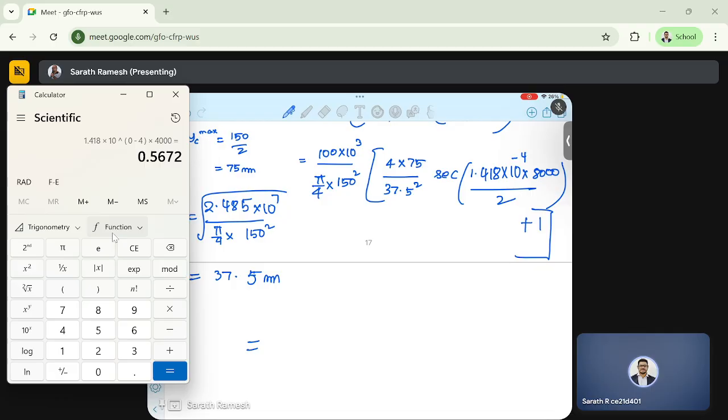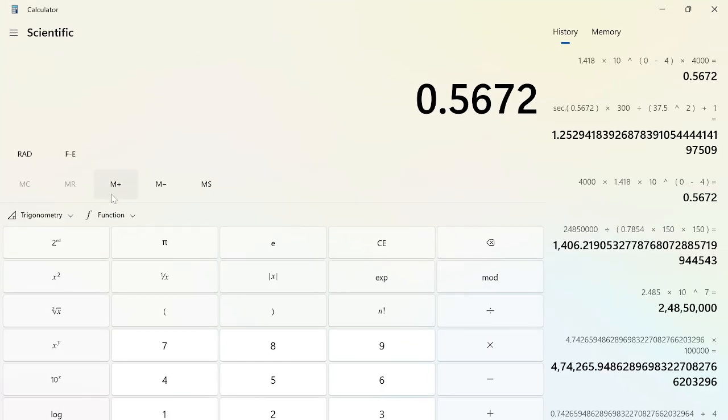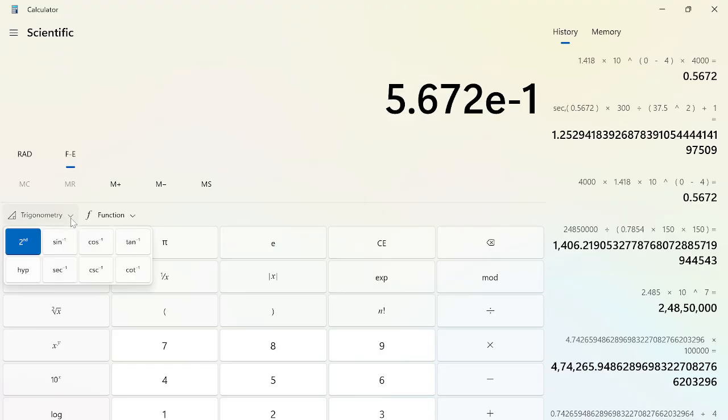Getting inverse value. Where is the normal trigonometric function? Oh, okay. I'm not getting it here. Let me restart.